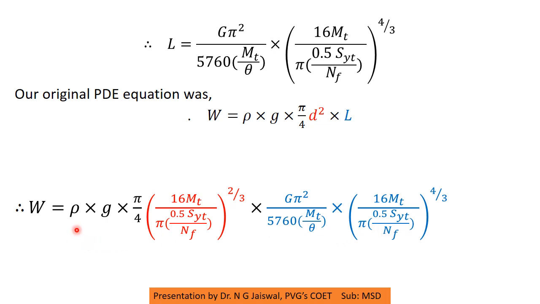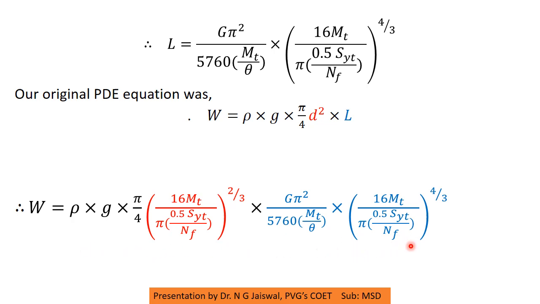Now you can see everything is known. Rho is known. G is gravitational acceleration. Mt, torque, is known. SYT of all materials are known. Factor of safety is known. Here G, that is modulus of rigidity, is known. Mt by theta is given. Mt again known, SYT known, factor of safety known.